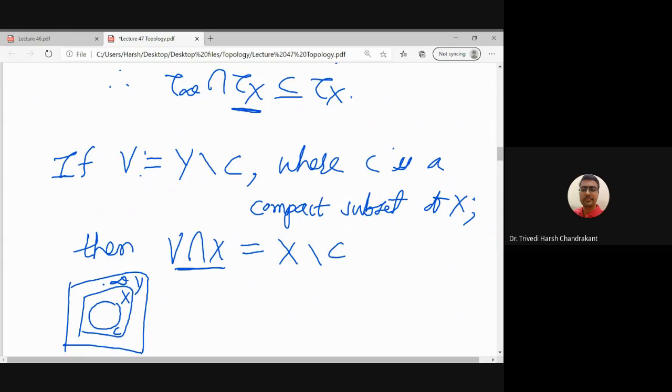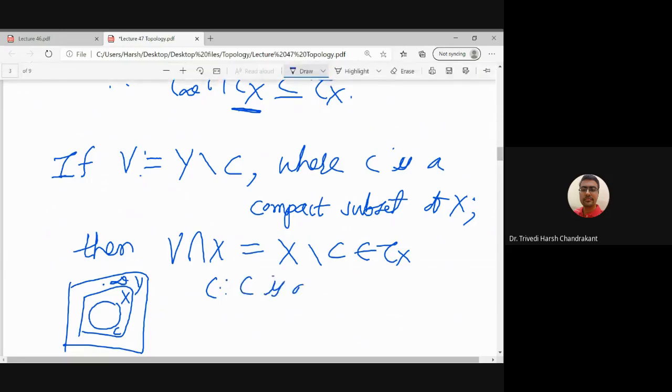So V intersection X is X minus C, and then X minus C is in tau X. Why? Because C is a compact set of the Hausdorff space.